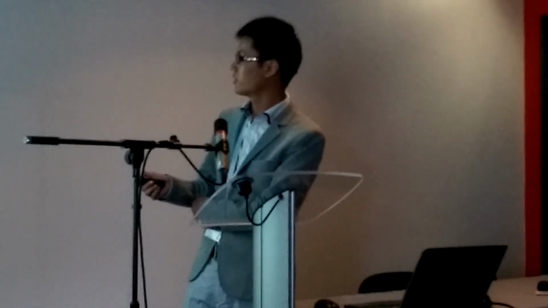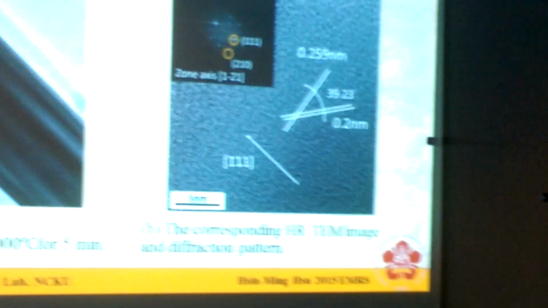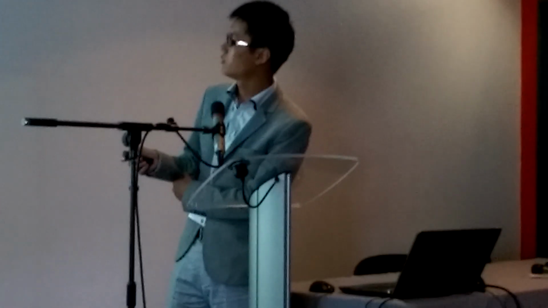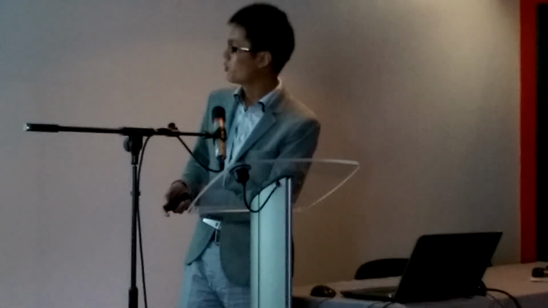From the HRTEM image, the growth direction was 111, and the interplanar spacing was 0.259 nanometers, and the diffraction pattern with zone axis 1, 2 bar 1 indicates that the structure was simple cubic.